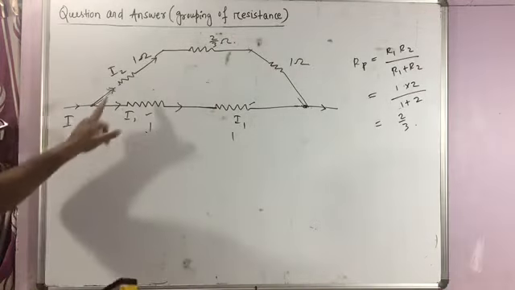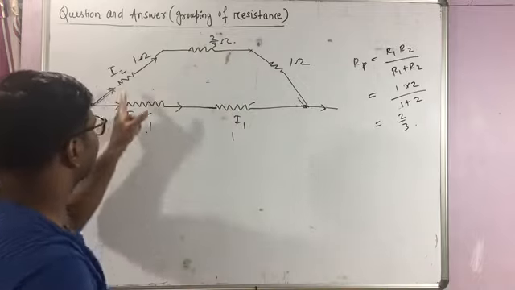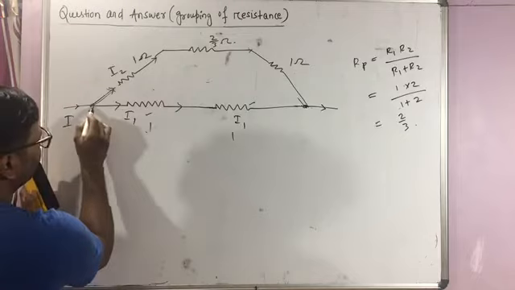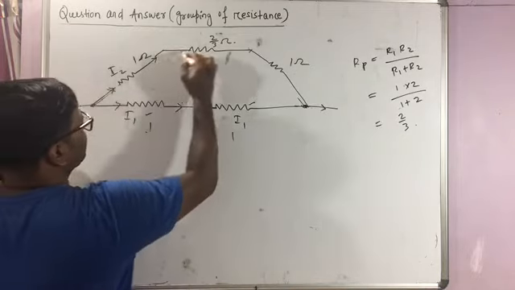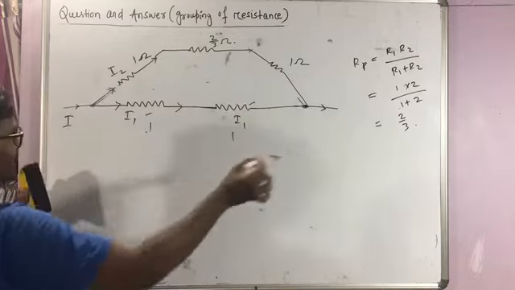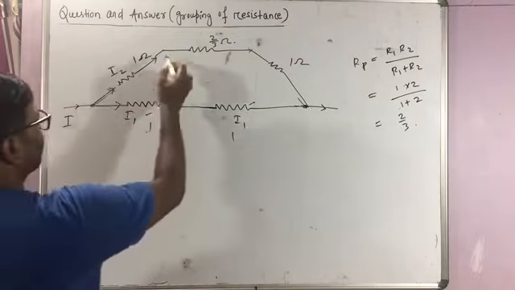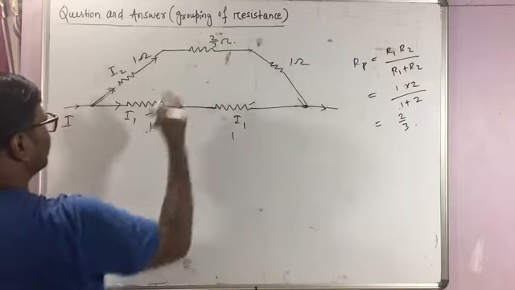Now it is clear. This 1 ohm resistance, this 2 by 3 resistance and this 1 ohm resistance are in series. If the current flowing through this is I1, the current flowing through this branch is I2, the same current flows through these three resistances. So if they are in series, their effective resistance will be the sum of all three resistors, which is 1 plus 1, 2, plus 2 by 3.